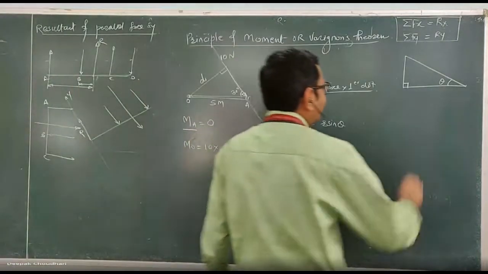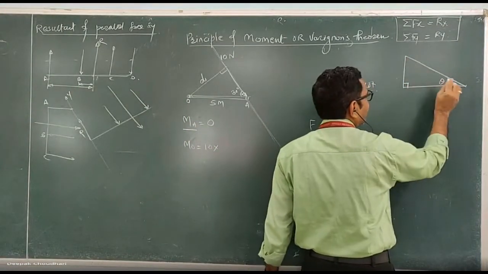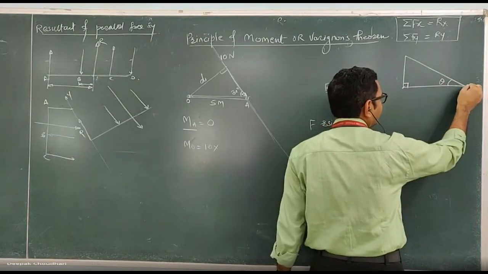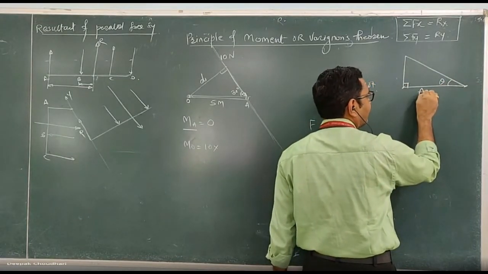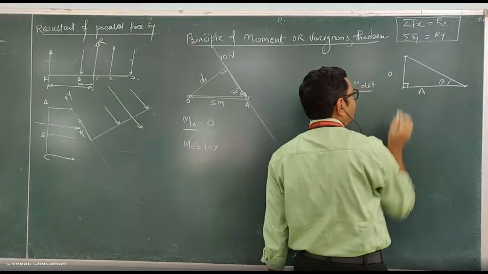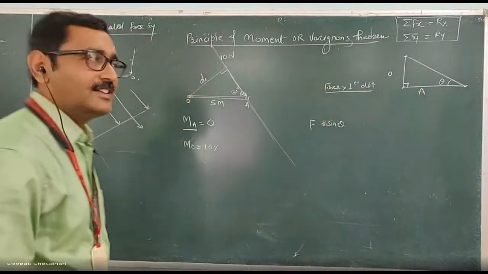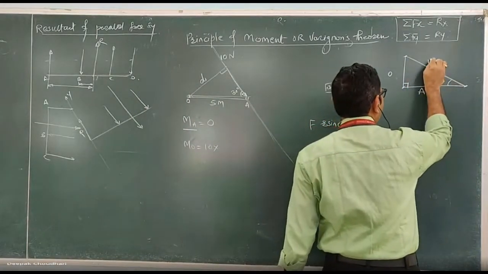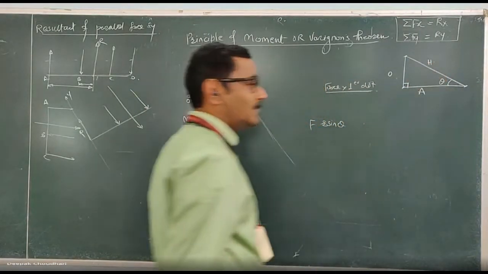So in this right angle triangle, here this is the theta. With respect to this theta, this side is the adjacent side and this side is the opposite side. Am I right? Okay, and this side is the hypotenuse. Okay, clear.